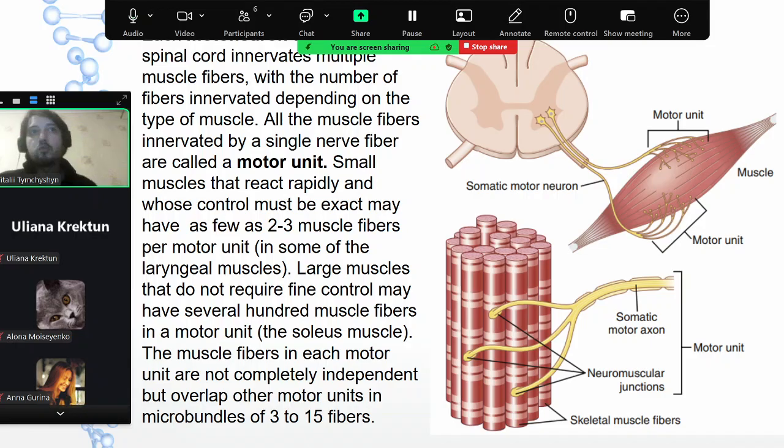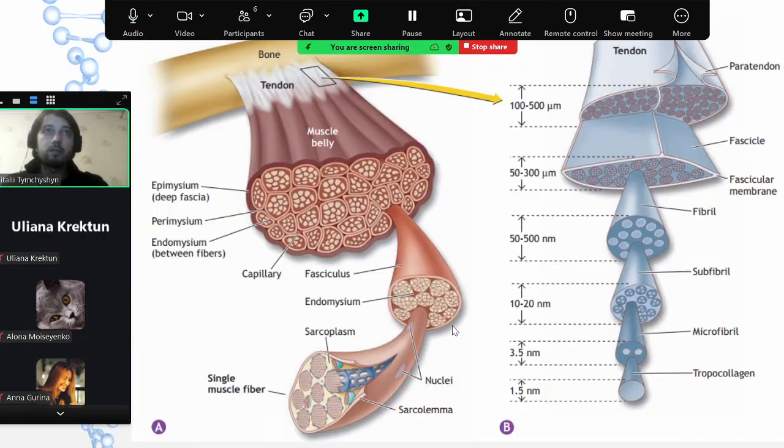If you don't need precise control, you just need some force exerted, and you can collect your muscle fibers together and use one neuron to rule them all. So that's pretty simple. Here you have examples of innervation of muscle with a neuron. Here you see a motor unit, and here another motor unit, and here is a muscle, and that's how it looks.